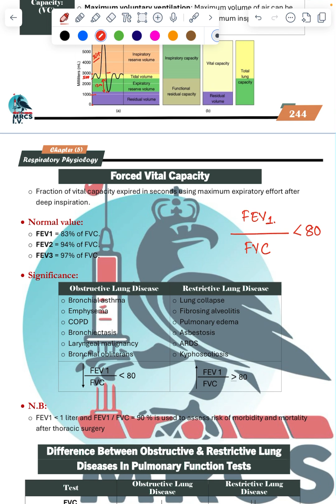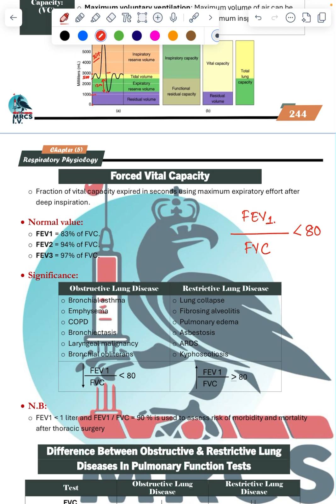So out of this, if it is 83%, it's okay. If it is less than 80, what does less than 80 mean? He is unable to expire 80% of the forced vital capacity in the first second.